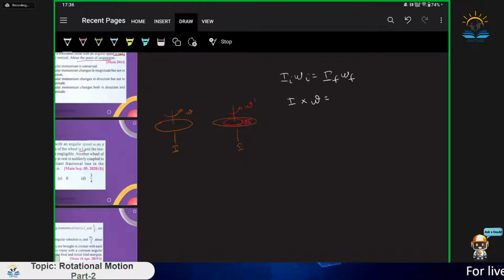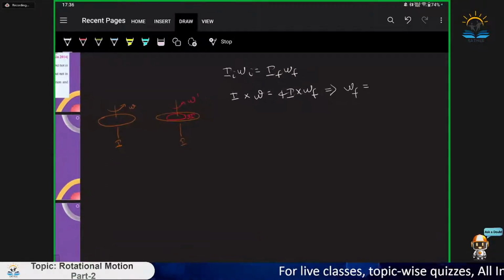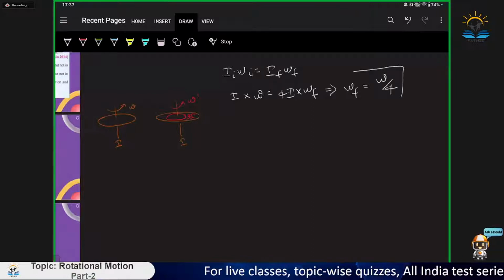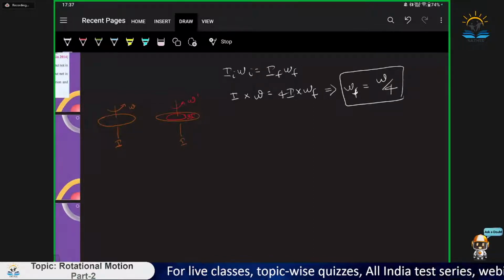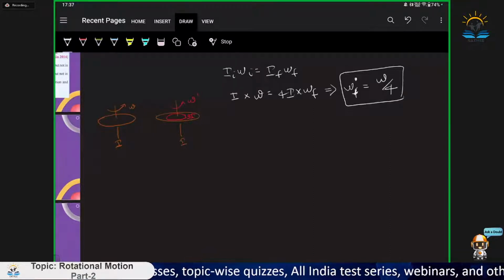What is the final moment of inertia? 3I plus I, that is 4I, into omega final. So final angular velocity will be initial angular velocity divided by 4. That is omega dash will be omega by 4. Simple. What were we to find?